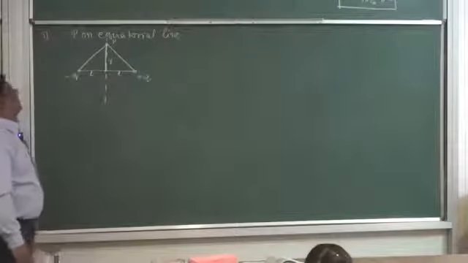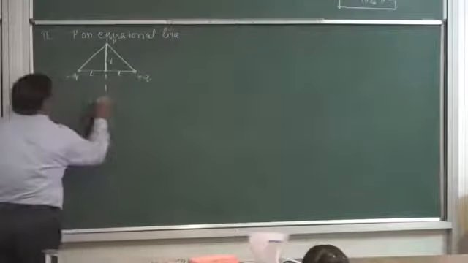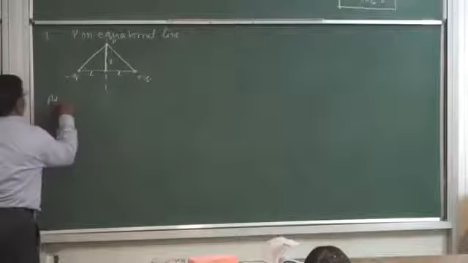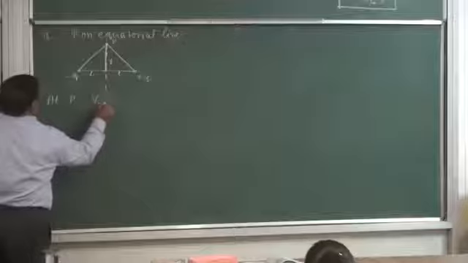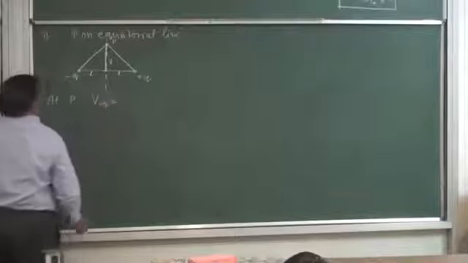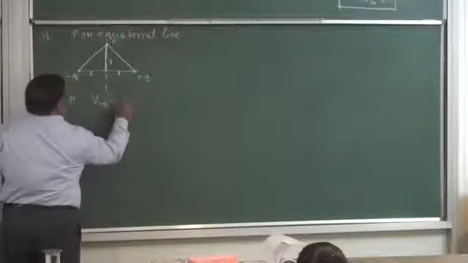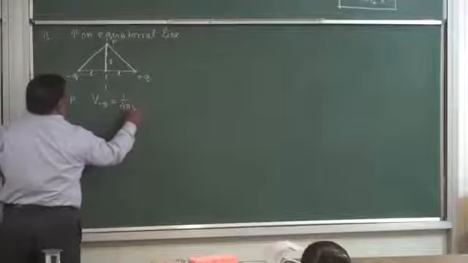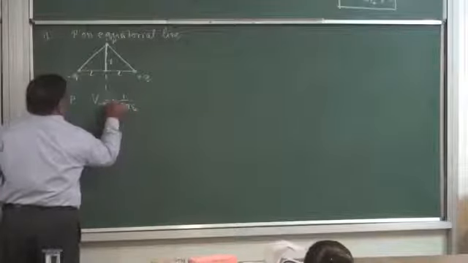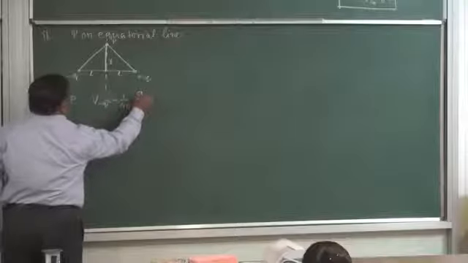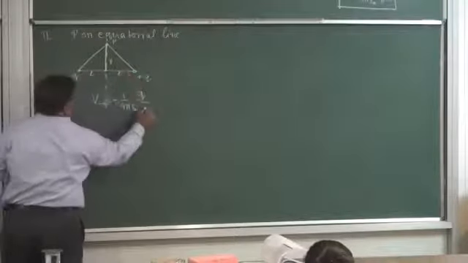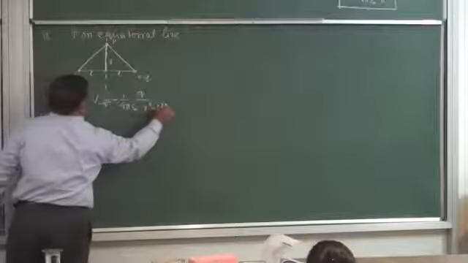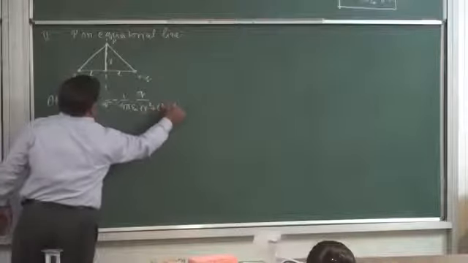Now, at P, V due to minus Q is equal to 1 upon 4 pi epsilon naught, negative, minus Q upon the distance, r square plus L square to the power half.